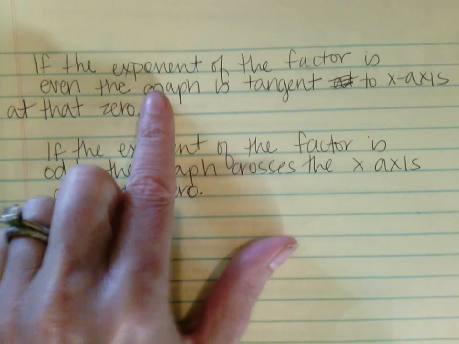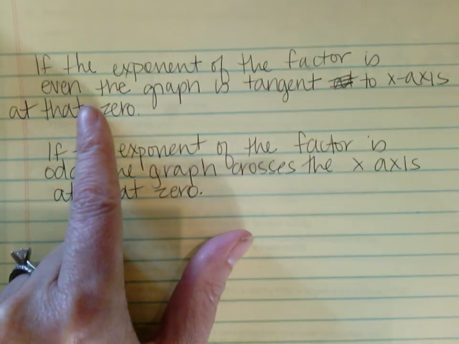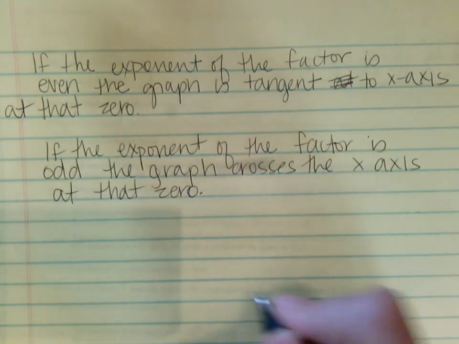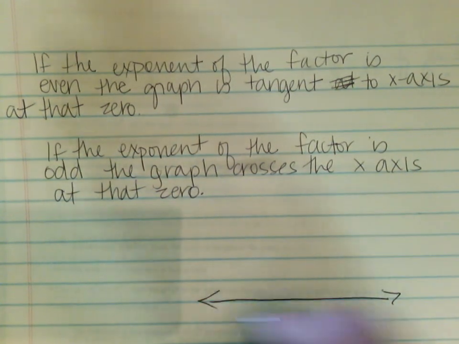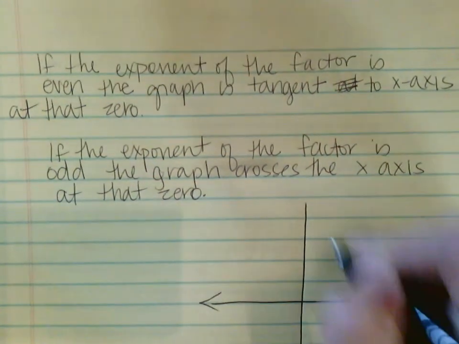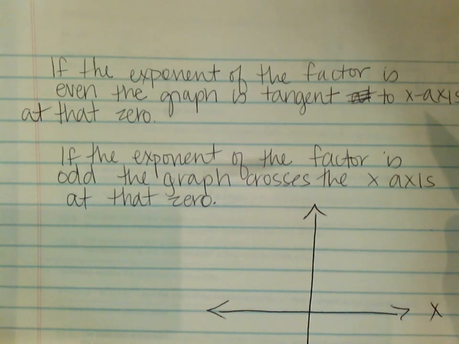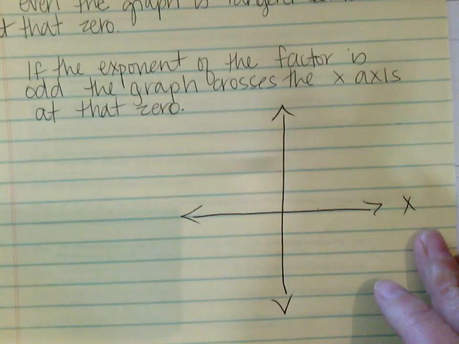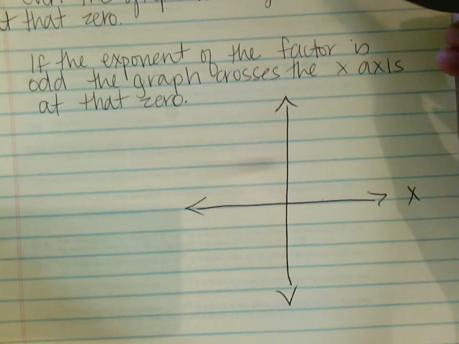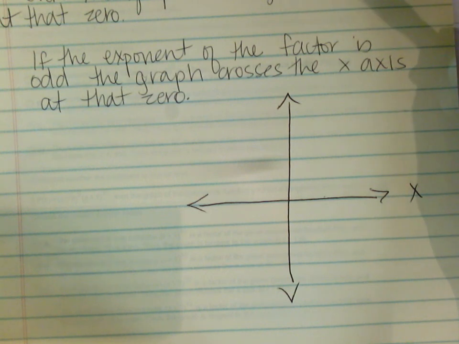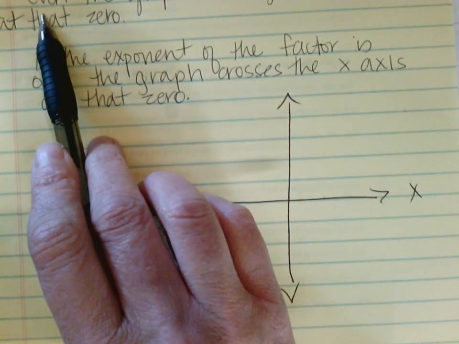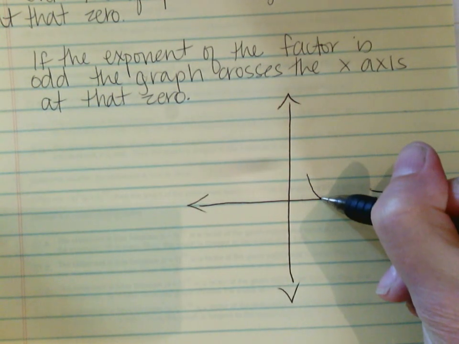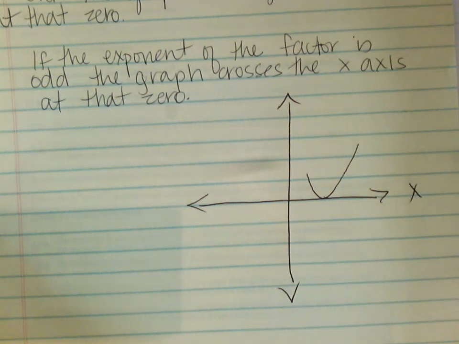If the exponent of the factor is even, then the graph is tangent to the x-axis at that 0. What a 0 tells you is that the graph is going to either touch or cross the x-axis at whatever that number is. If the factor has an even exponent, then it's just going to touch the x-axis at that point and then go back the other way.